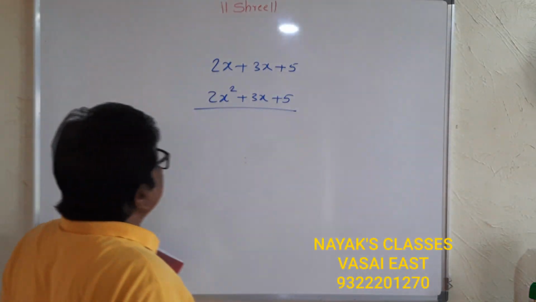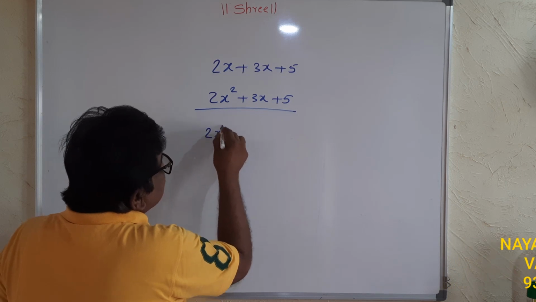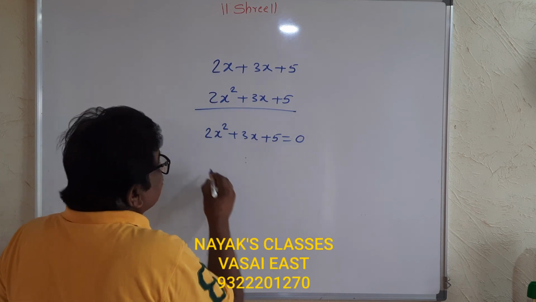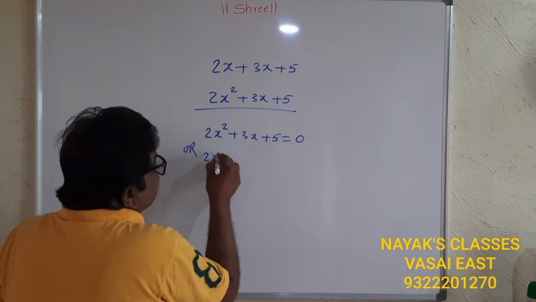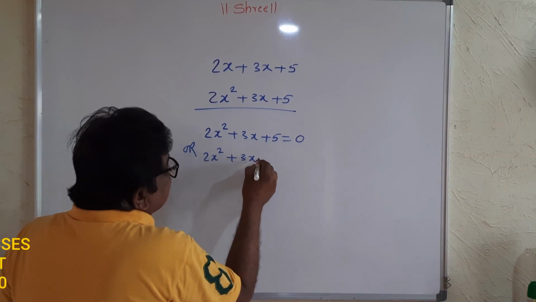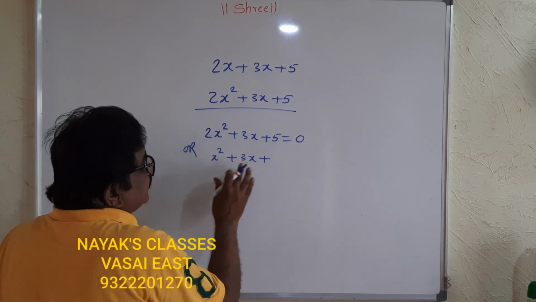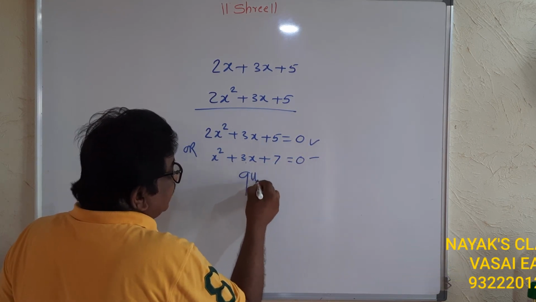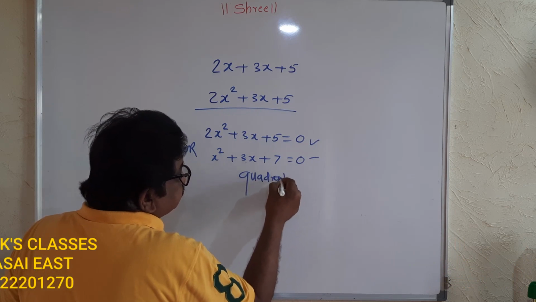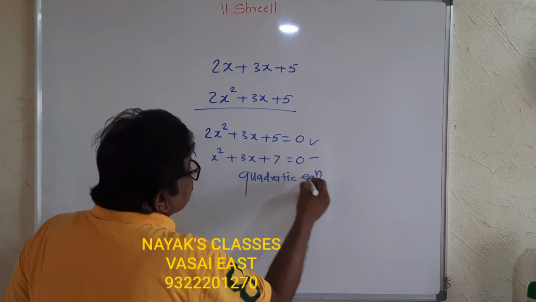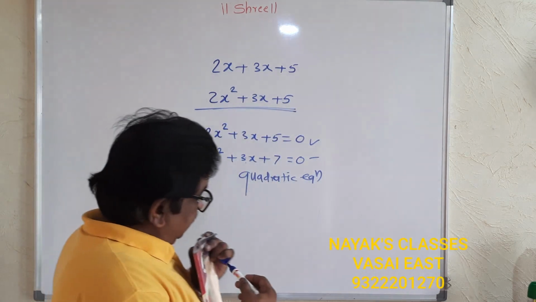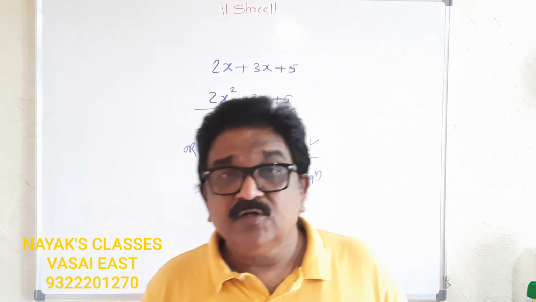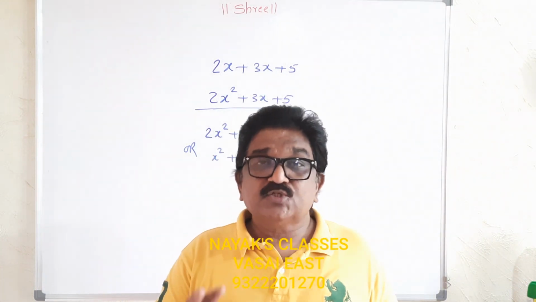Secondly, if we equate this, 2x square plus 3x plus 5 is equal to 0, or say x square plus 3x plus 7 is equal to 0, these are quadratic equations. These are quadratic polynomials, and when you equate it with 0, it is called a quadratic equation, where the square is present.